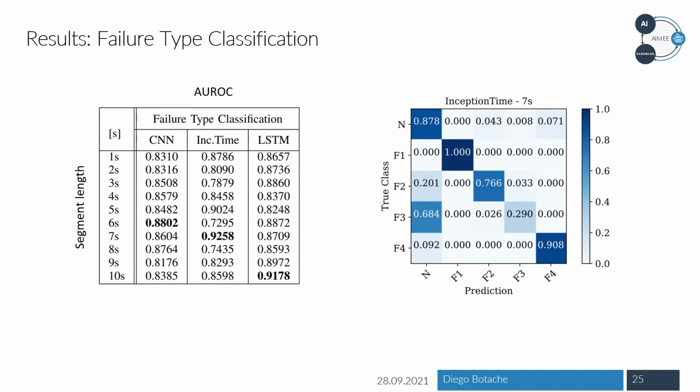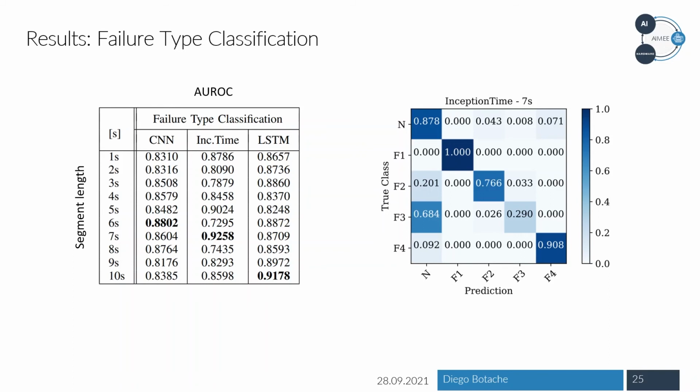But now, and this is a spoiler alert for the upcoming experiments, we increased the segment length up to 2 minutes, and we have shown that the performance of detecting failure type number 3 didn't really increase.